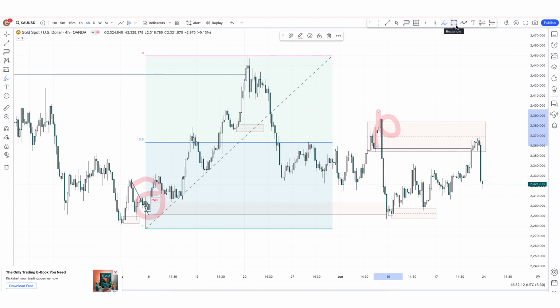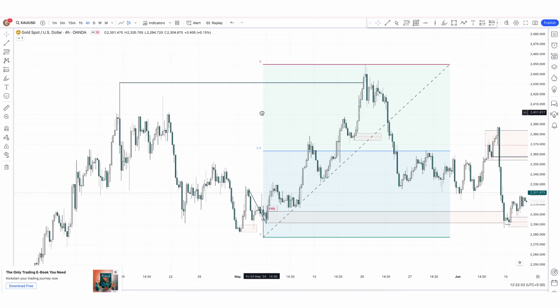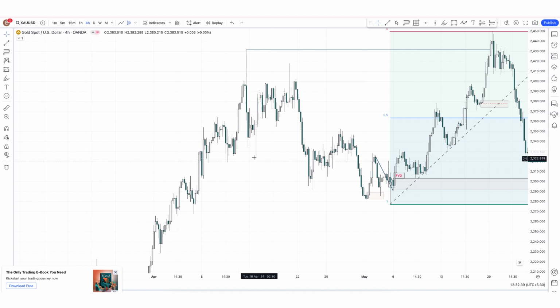And you need to check the priority sometimes. One second, let me remove this. Sometimes you will find the order block inside the breaker block. One second, like this.